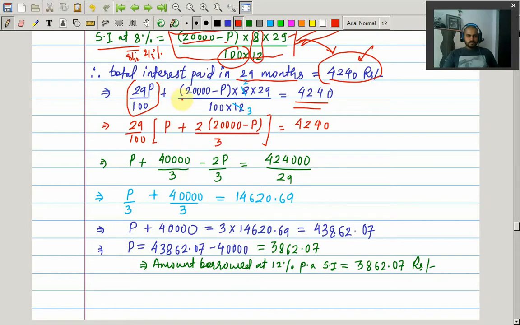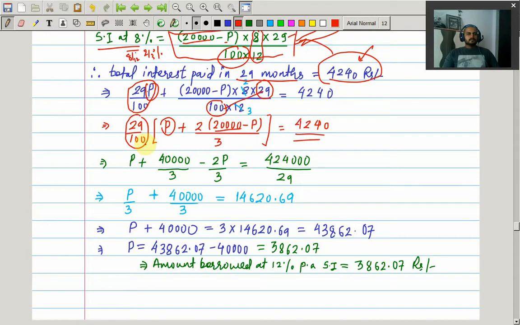Okay, so from the above equation, 29P upon 100, I have taken 29 upon 100 common. P is there, so I have written P here, and 29 upon 100 is gone, so 2 by 3, 20,000 minus P inside the bracket equal to this.